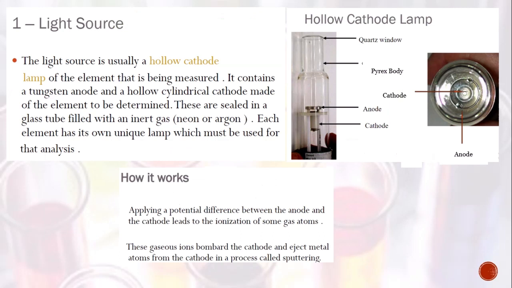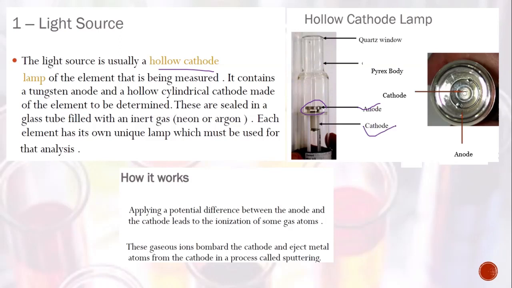So the light source is usually a hollow cathode lamp, like the one that you can see here. It contains a tungsten anode and a hollow cylindrical cathode. The cylinder here is the cathode.